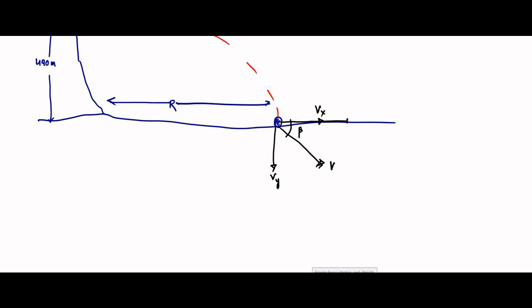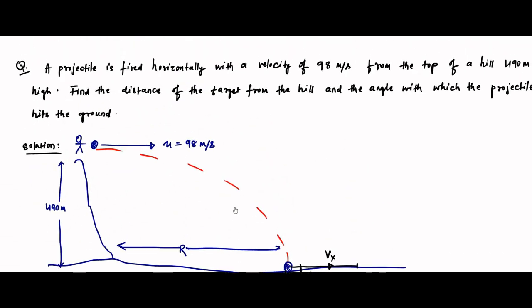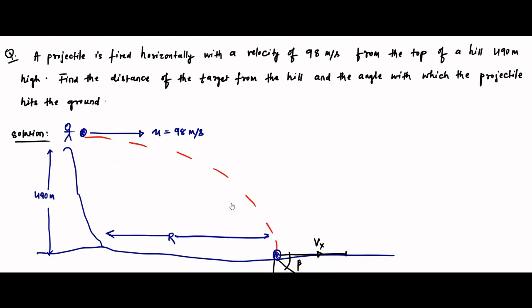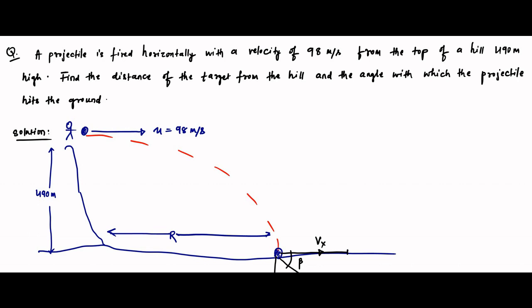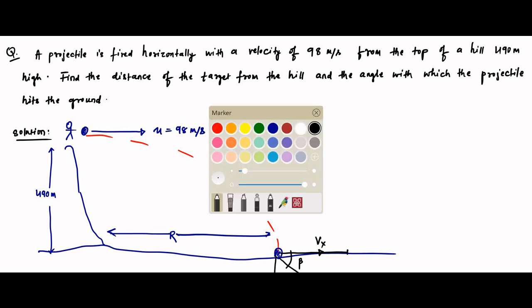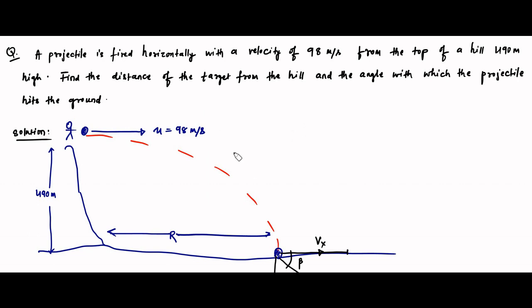So here first let us assign the parameters. This horizontal velocity which is given here is the initial horizontal component ux. There is no component along the vertical direction, so uy is 0 meter per second.